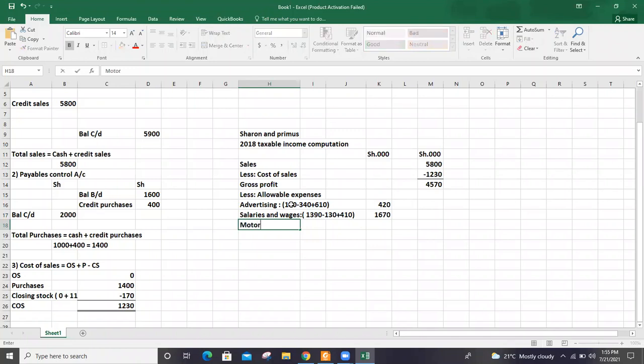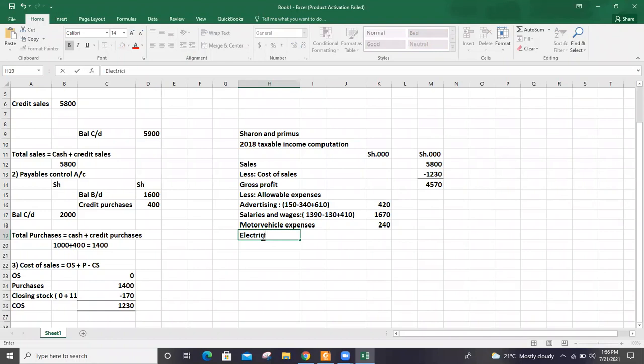Yes. An amount of how much? 240. Electricity, is it allowable?